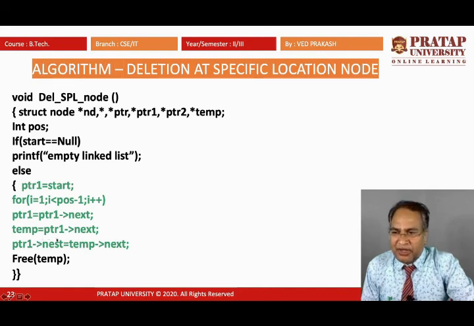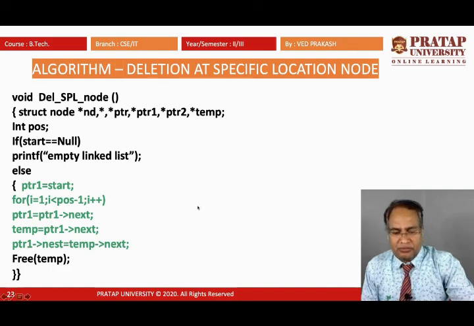After that, PTR next is set to temp next. Now we have reached the required node, and after getting this node we have to free this node pointer. After freeing this pointer we can remove the node from the specific location.